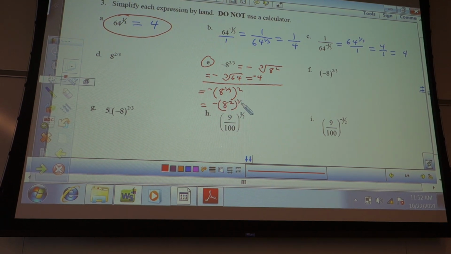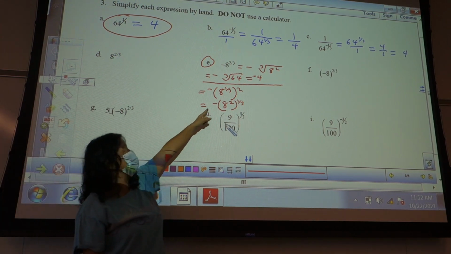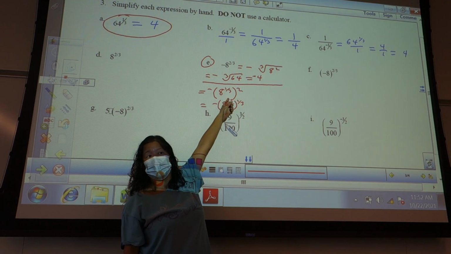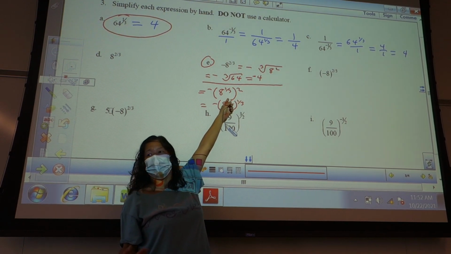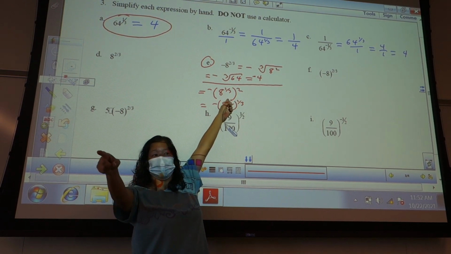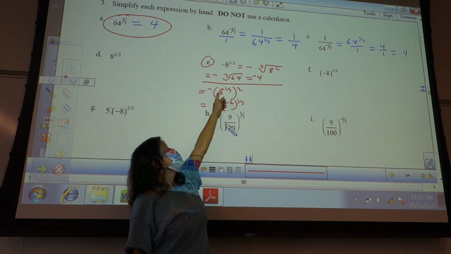It depends upon what's easiest for you. So the question is, do we know what 8 to the 1/3 power is? Do we know what the cube root of 8 is? What multiplied by itself 3 times gives me 8? 2. So this is just 2.